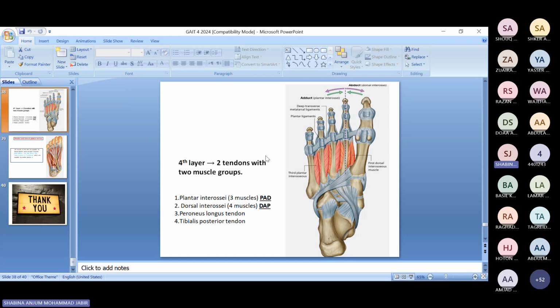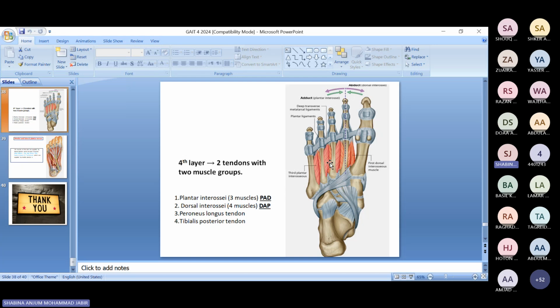What about the fourth layer? In the fourth layer, again, you have two small muscles and two long tendons. Which two long tendons? Tibialis posterior and peroneus longus. What two small muscles? Interossei. Do you remember interossei from the upper limb? Interossei means interosseous, between two bones, like here between the metatarsals.